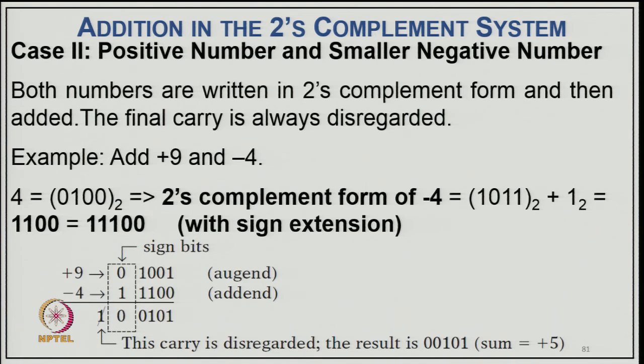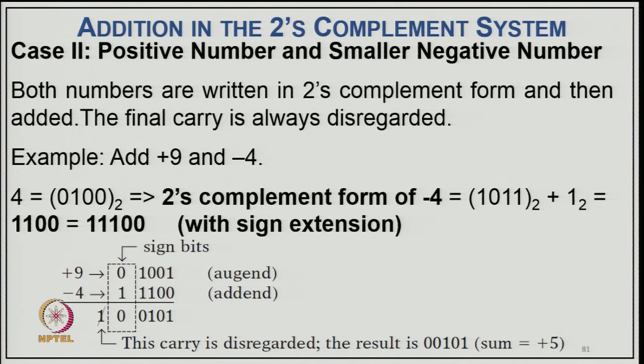We convert into first complement, which becomes 1 0 1 1, then we add 1 to convert into two's complement. So it becomes 1 1 0 0, which is the two's complement, and then we have a sign extension by adding 1.